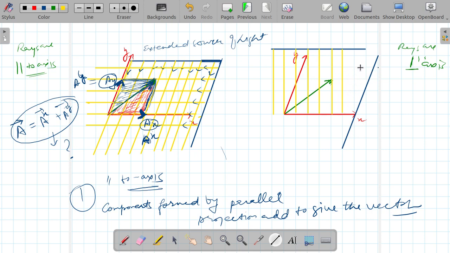And from here again the light is coming perpendicular to the axis in this way. The light is coming in this way from this extended source.